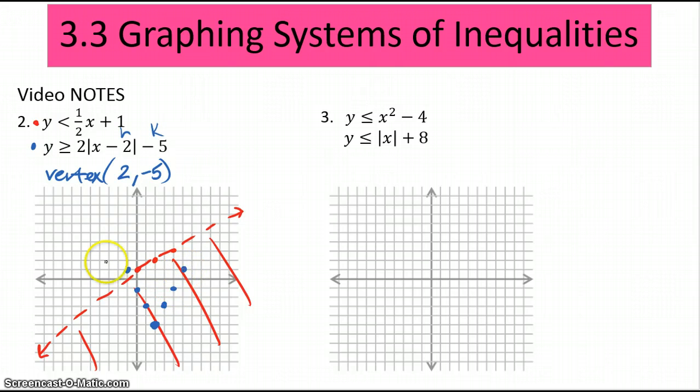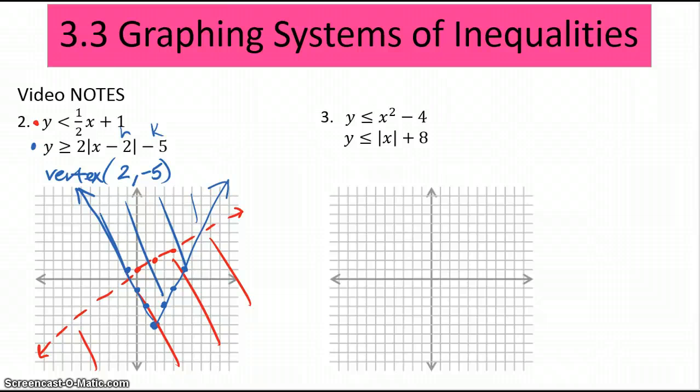That's going to be a solid graph because of the or equal to. And I want greater than, so I want above. I want the y's above that. So I am shading essentially the inside of the V.